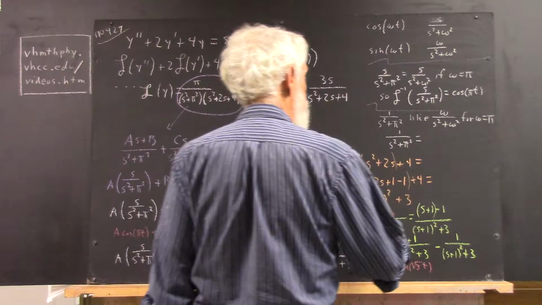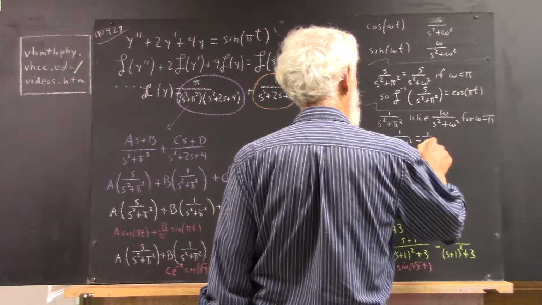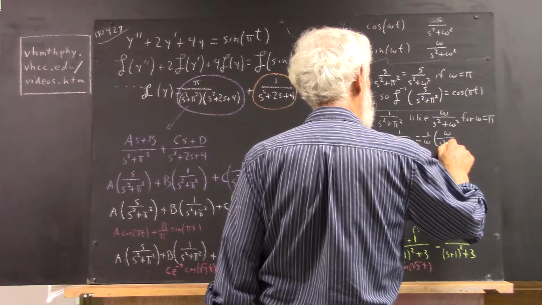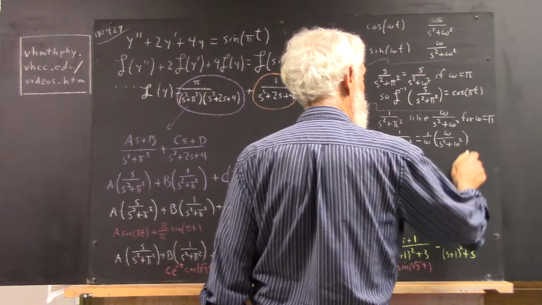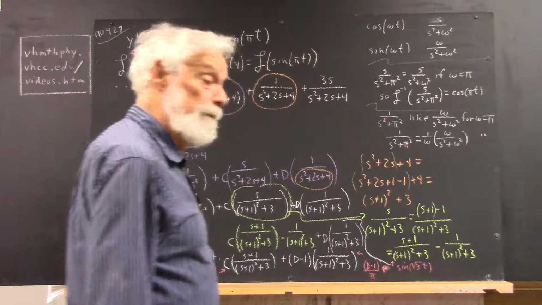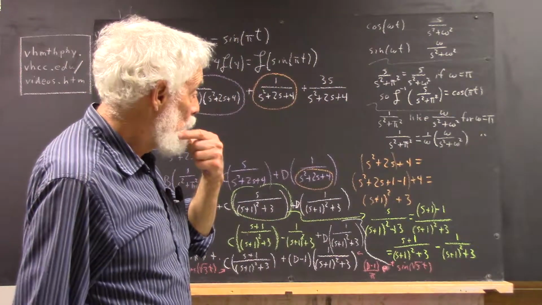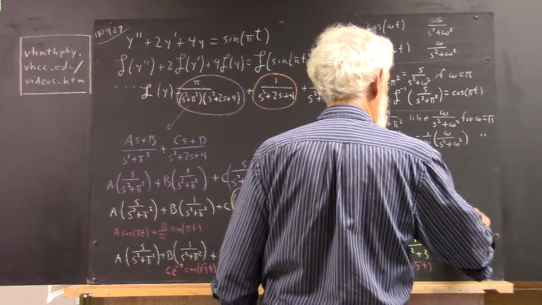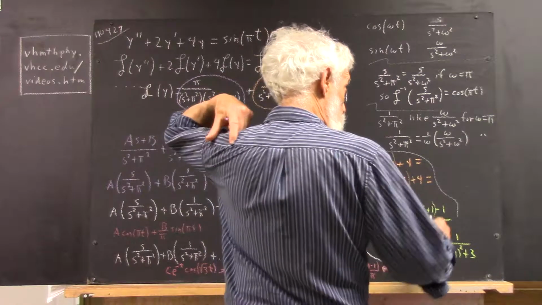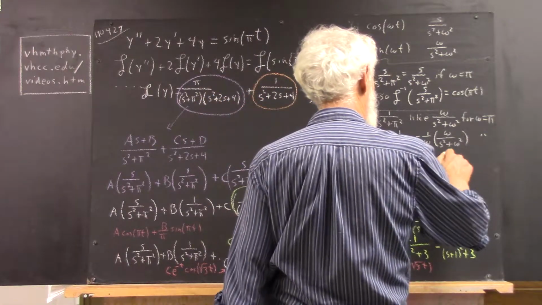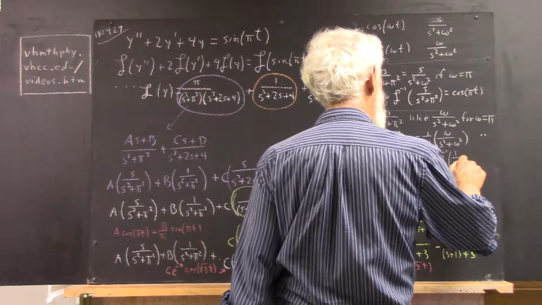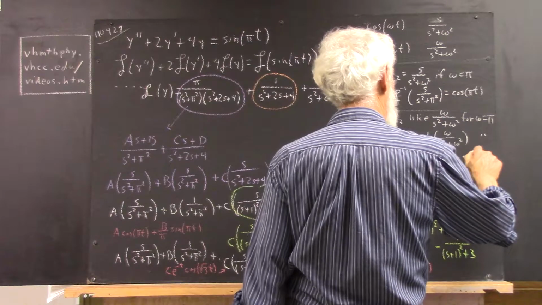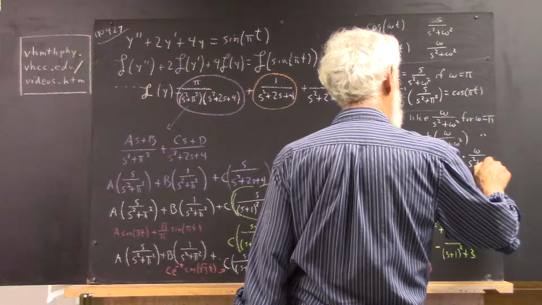So this is 1 over omega times omega over S squared plus omega squared for omega equal to pi. And the inverse transform of this, I have to spill over down here a little bit, is the inverse transform of 1 over omega times omega over S squared plus omega squared.